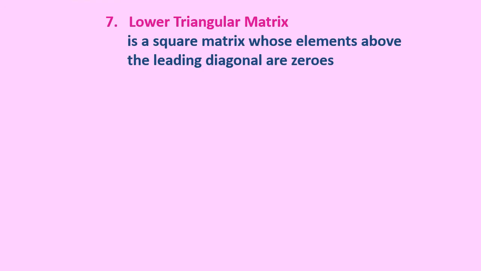Okay, so the next one is the lower triangular matrix. Notice the part, lower triangular. It is a square matrix whose elements above the leading diagonal are zeros. It means that we only have values on the lower triangular part.